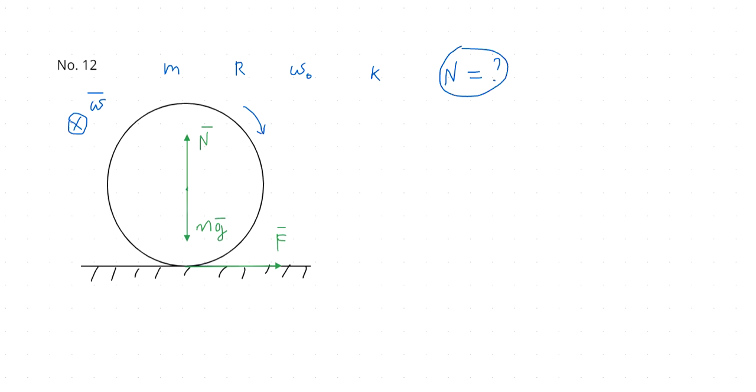The absolute value of this force is equal to the force of gravity, because unless it is equal, the cylinder will fall down or take off.